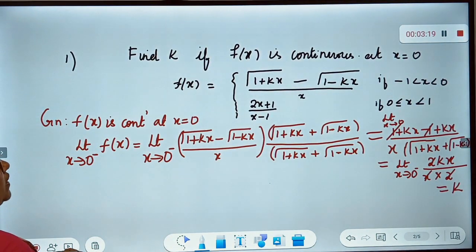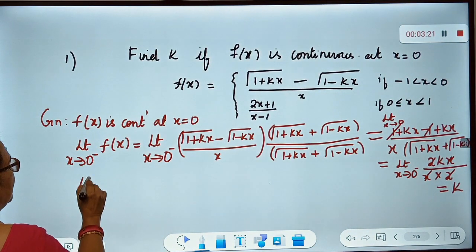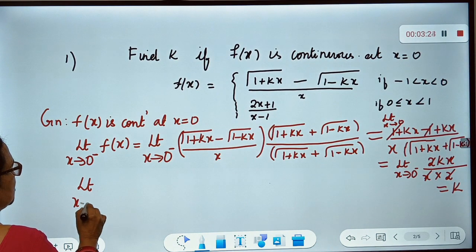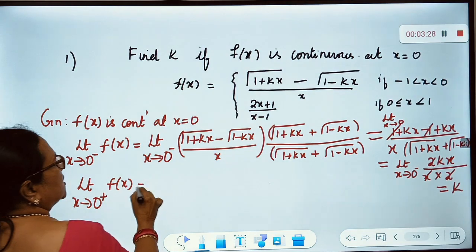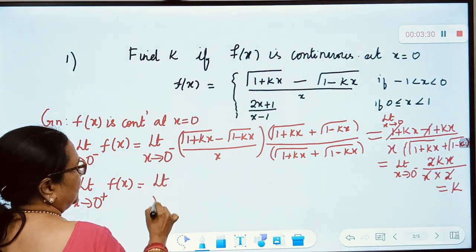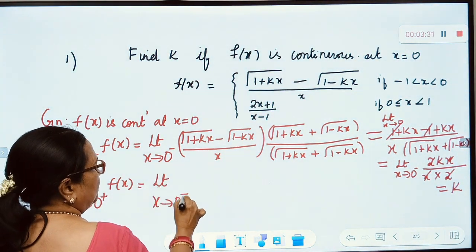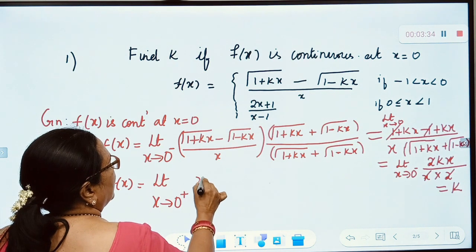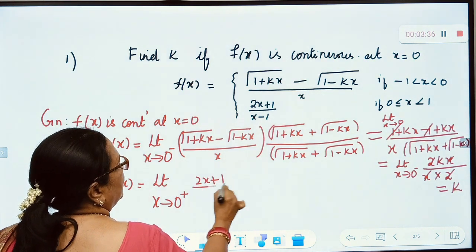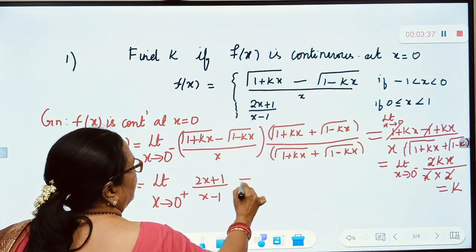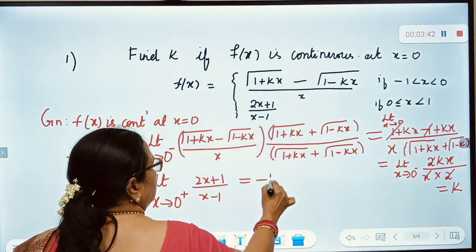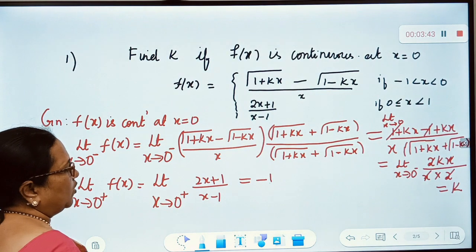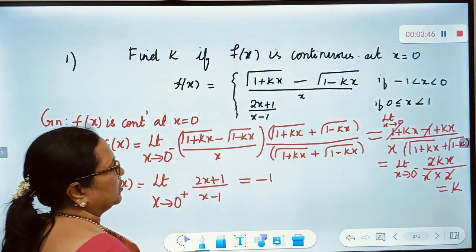Now let us see what happens to the right hand limit, that is limit extends to 0 plus of f of x. This will be limit extends to 0 plus of 2x plus 1 by x minus 1. When I put x equal to 0, what will I get? I will get minus 1, because numerator is 1, denominator is minus 1.